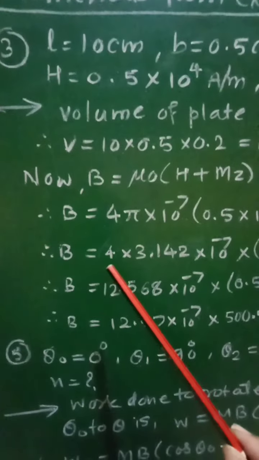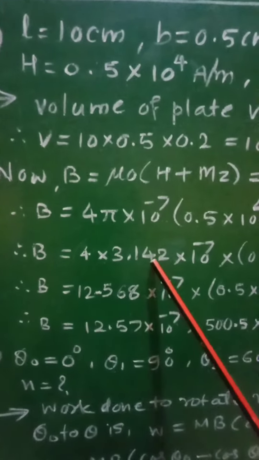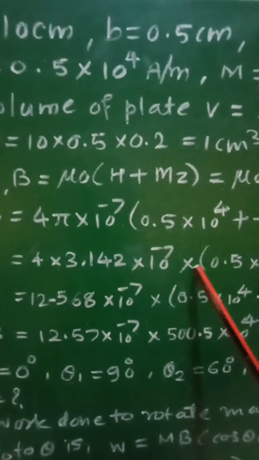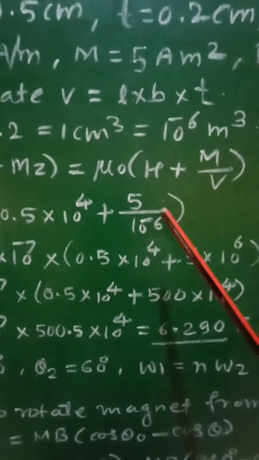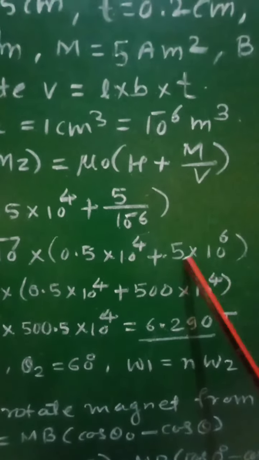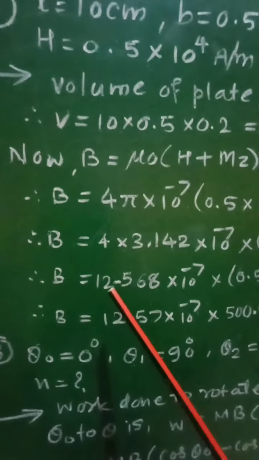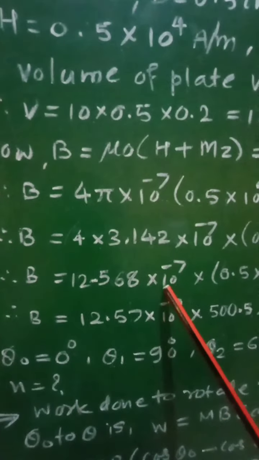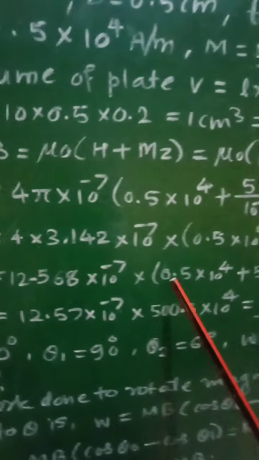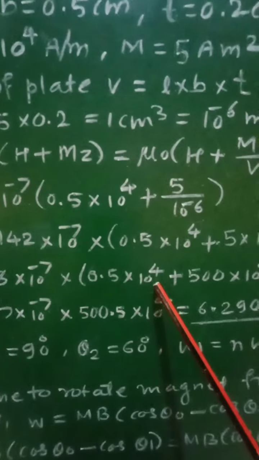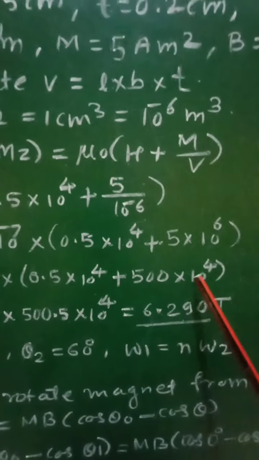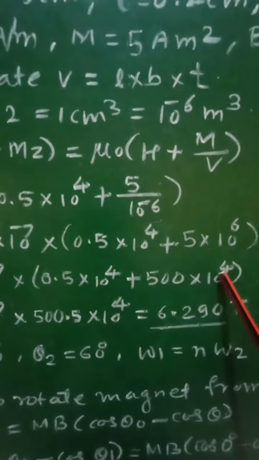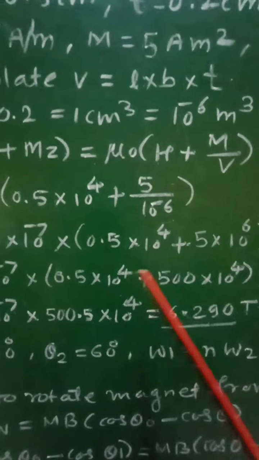Further it will be written as 4 into 3.142 into 10 raised to minus 7 into 0.5 into 10 raised to 4 plus 5 upon 10 raised to minus 6, which will be written as 5 into 10 raised to 6. Further we will get B equal to 12.568 into 10 raised to minus 7 into 0.5 into 10 raised to 4 plus this 5 into 10 raised to 6, which will be written as 500 into 10 raised to 4, so that 10 raised to 4 will be taken common from these two terms.